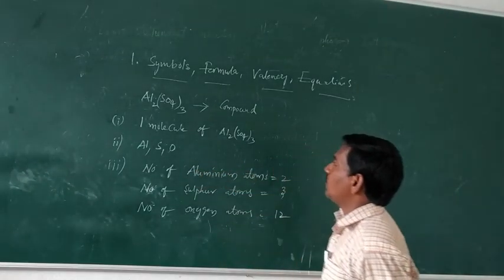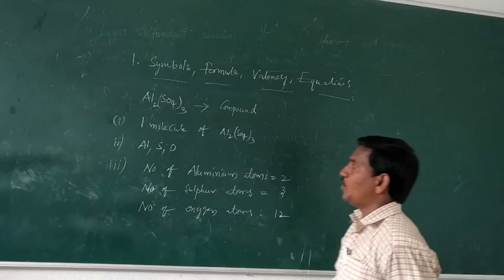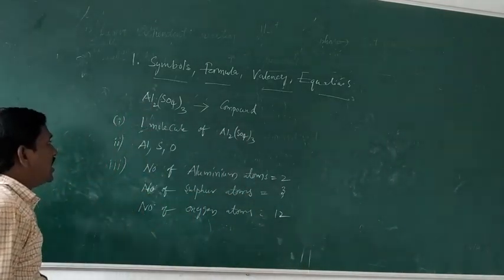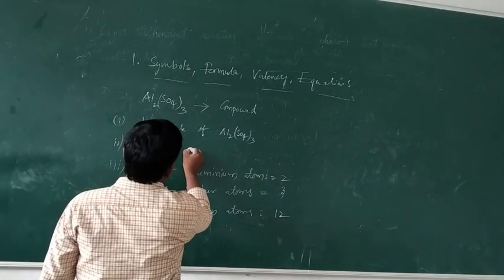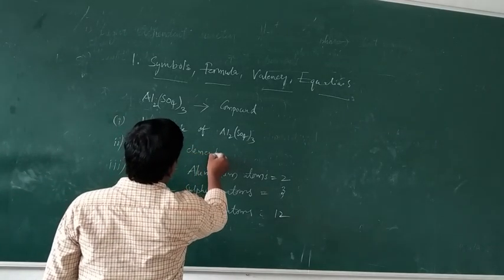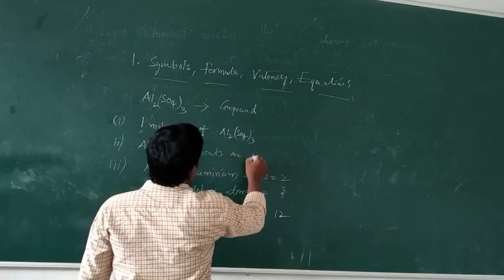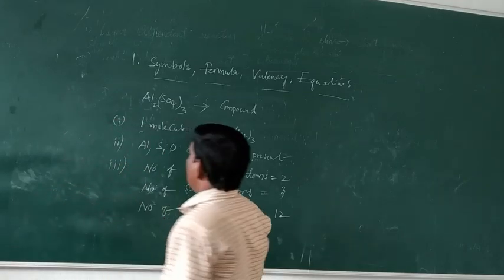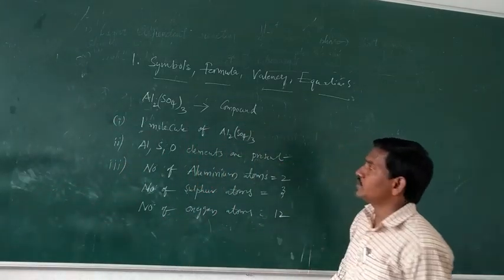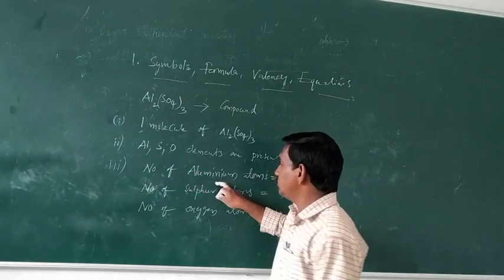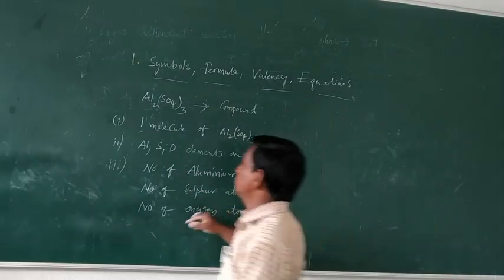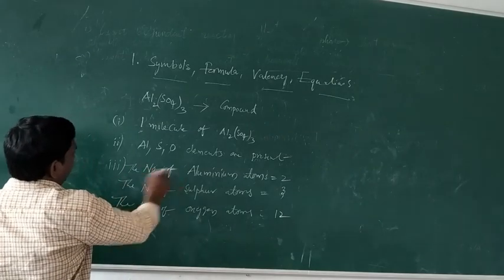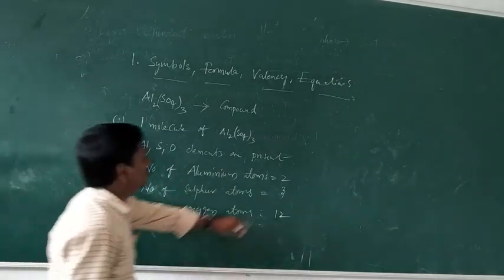How many molecules of Al2(SO4)3 are there? Only one molecule. Which elements are present? How many aluminum atoms are there? The number of aluminum atoms equals 2.